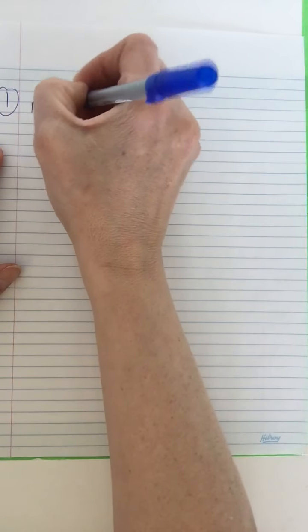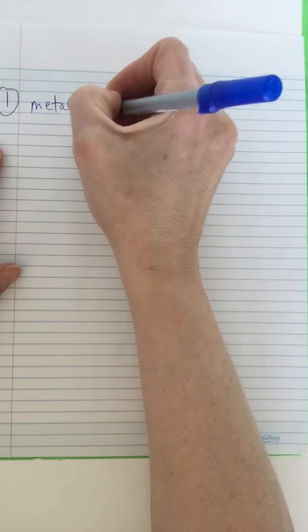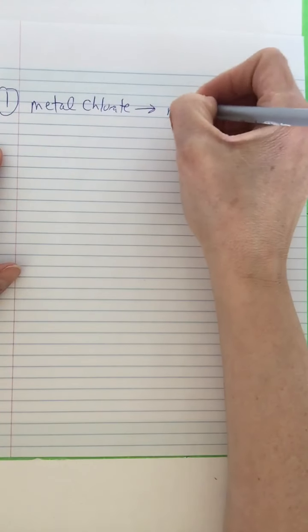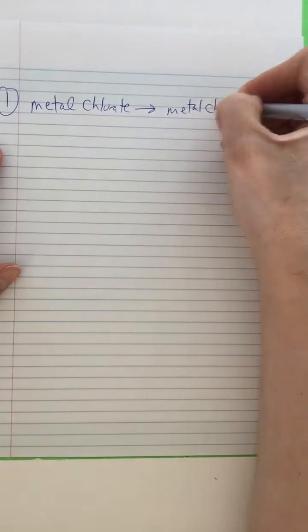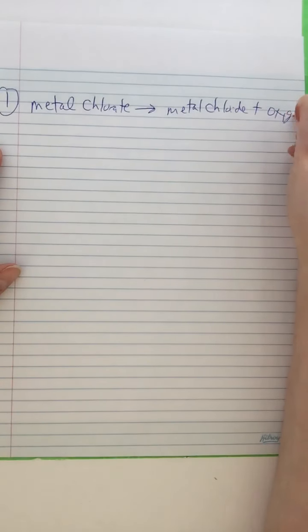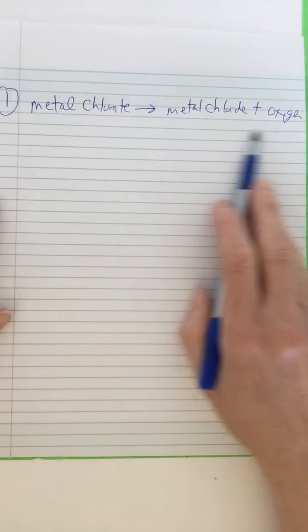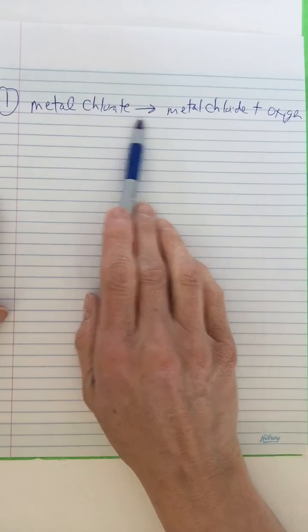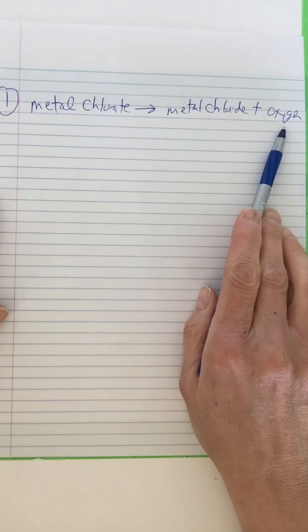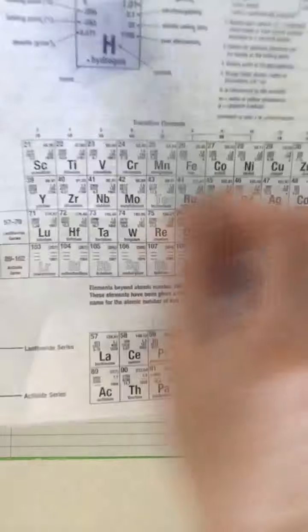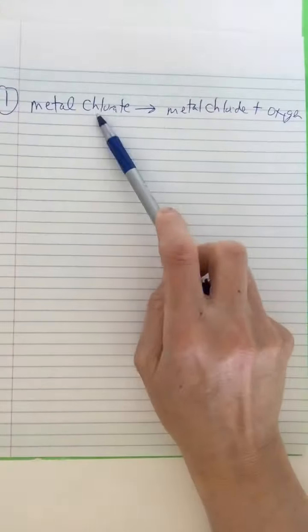Metal chlorate always yields the metal chloride plus the oxygen. So this is a rule. I would have had you study this. Metal chlorate always yields the metal chloride plus the oxygen. So any metal, doesn't matter what metal, you could use any metal on the periodic table, plus a chlorate.